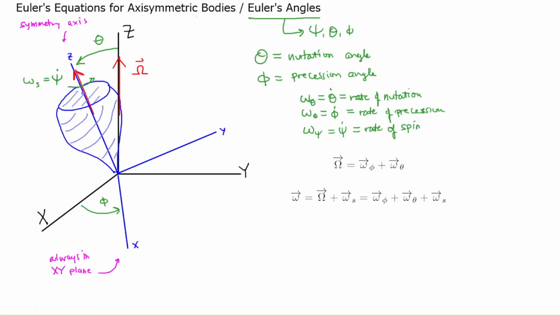Now, the first equation that I have in the typeset is capital omega equals omega sub phi plus omega sub theta. That is not necessarily obvious from the picture.